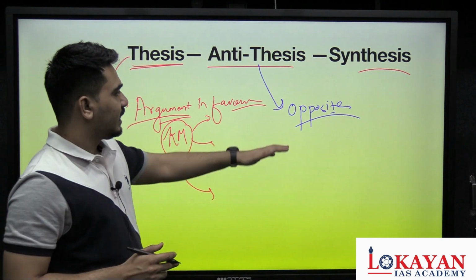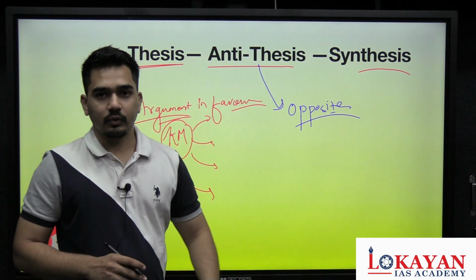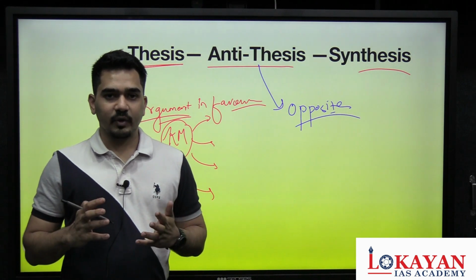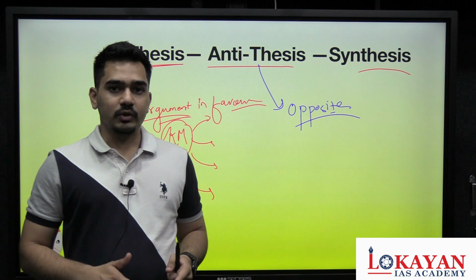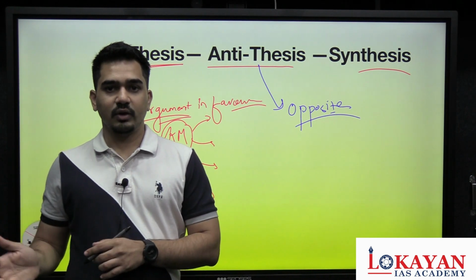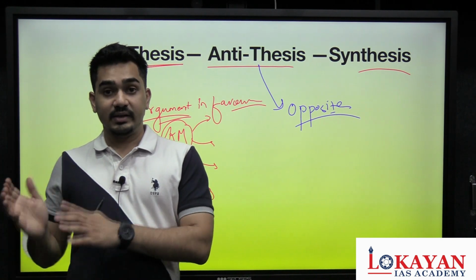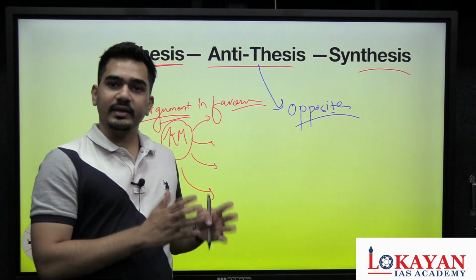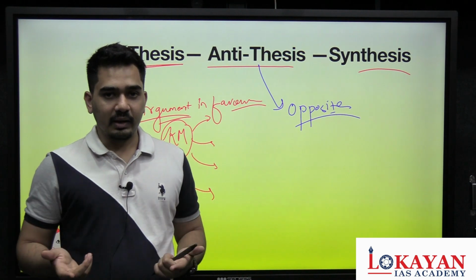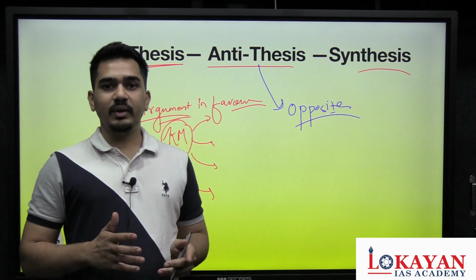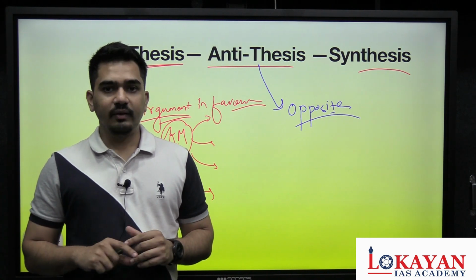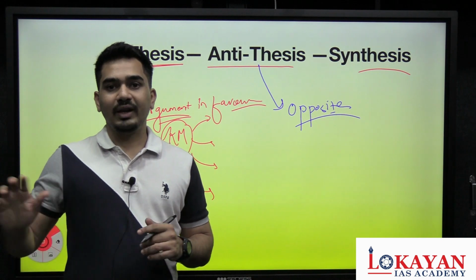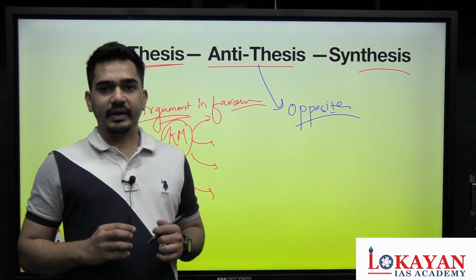Now synthesis is basically clubbing the goods of the two. Let's say we're talking about a problem. Yes, the problem exists, but that is not always true. Or simplicity is the ultimate sophistication in a lot of cases, but there are certain cases in which it is not. So synthesis will be a combination of both. Yes, we need simplicity, but not to an extreme; we need limited simplicity.